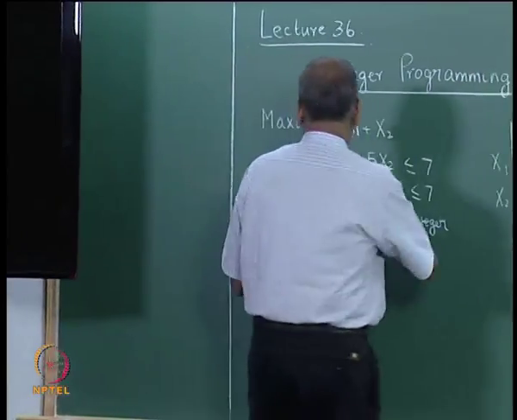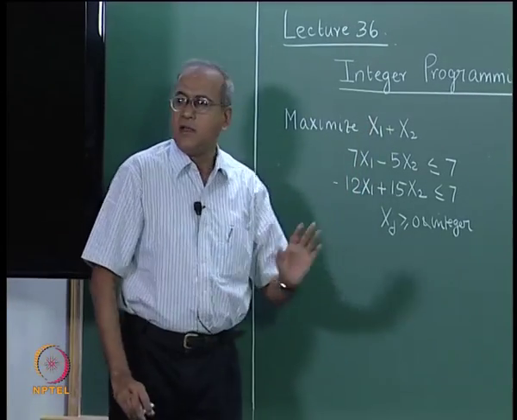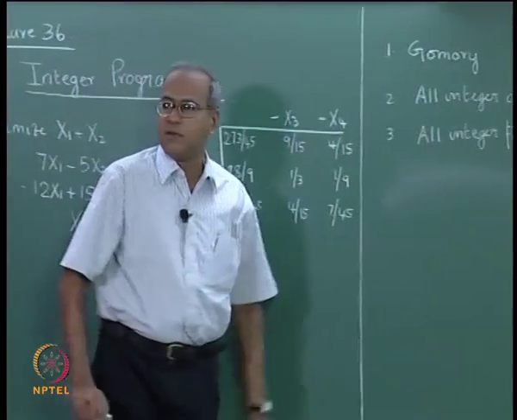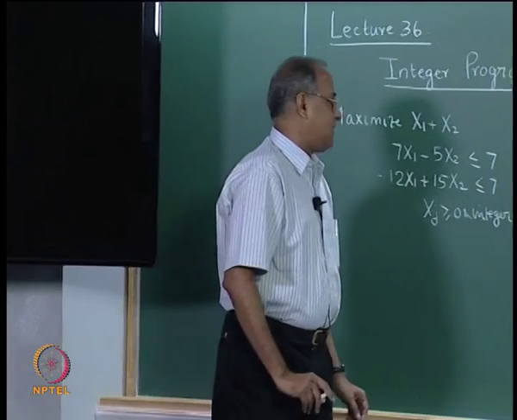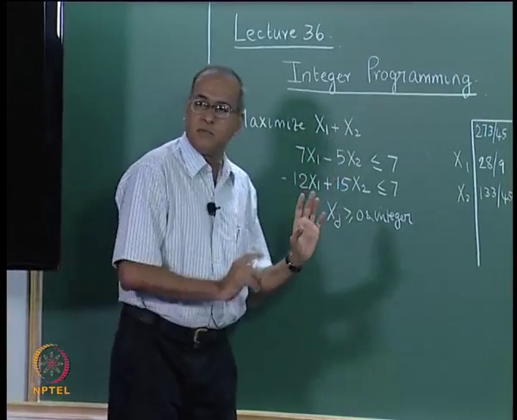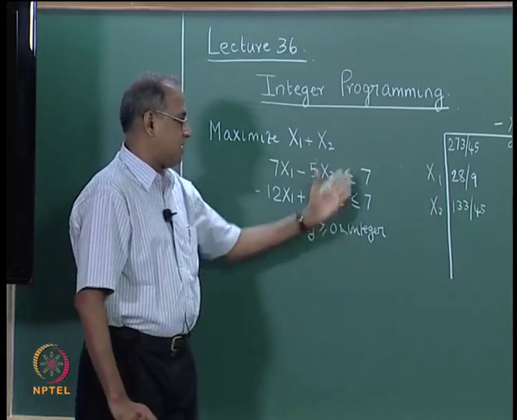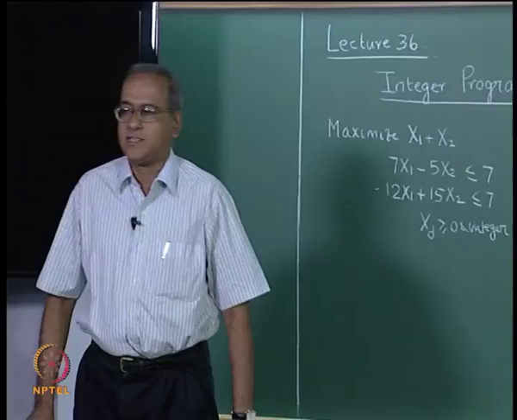So let us go back to the example that we have already seen. We have used the same example in the earlier lecture when we did the Gomory cutting plane algorithm as well as the all integer primal algorithm. We used a different example for the all integer dual algorithm. The all integer primal algorithm essentially requires a maximization problem with less than or equal to type constraints and non-negative or positive values on the right hand side.